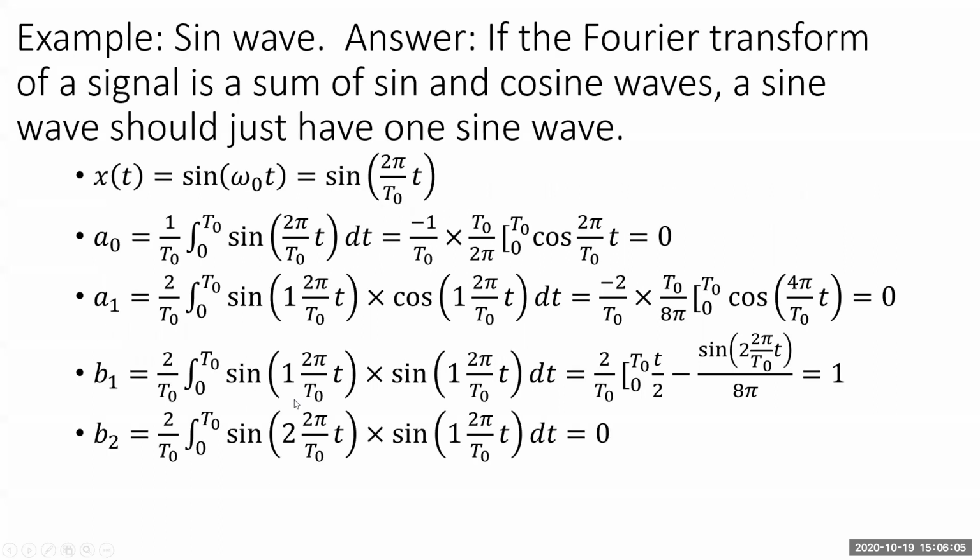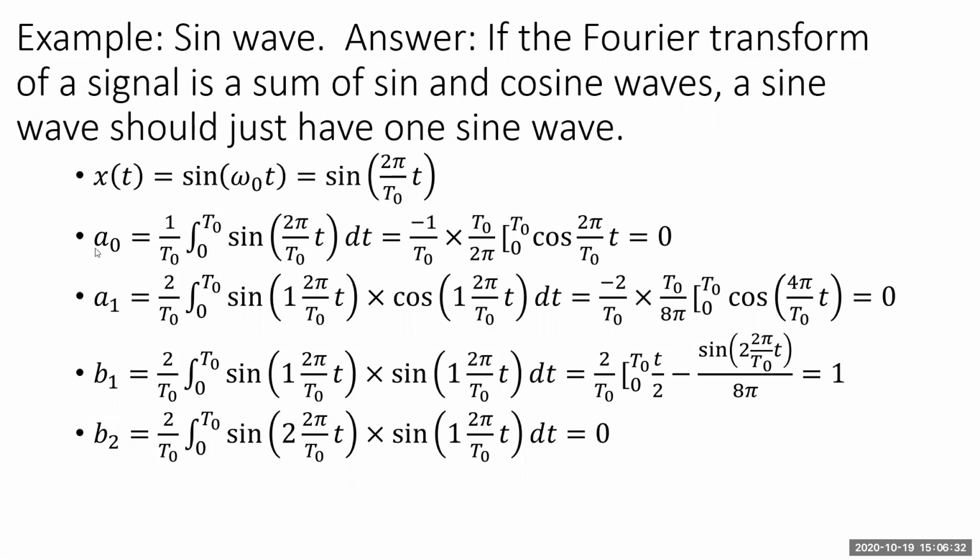Okay. So let's just do an example of a sine wave. If I do a sine wave and I want to represent that as an infinite sum of sine waves and cosine waves, really there should only be one sine wave. So I already know the answer. I should be able to do this one in my head. So x of t is the signal in question. We're given an omega naught.